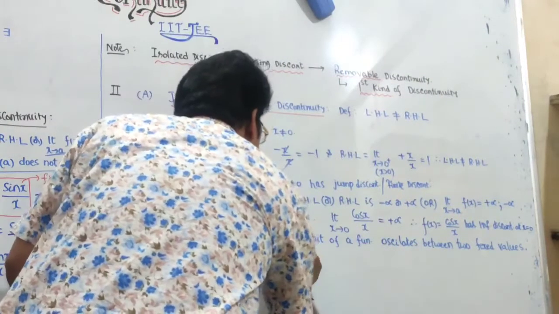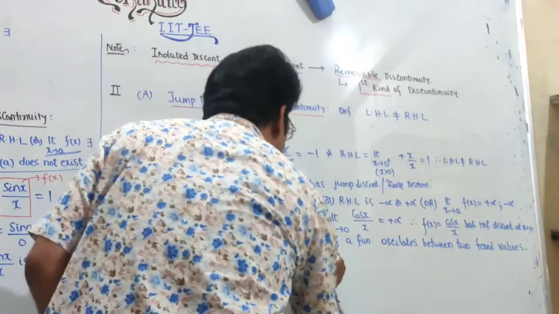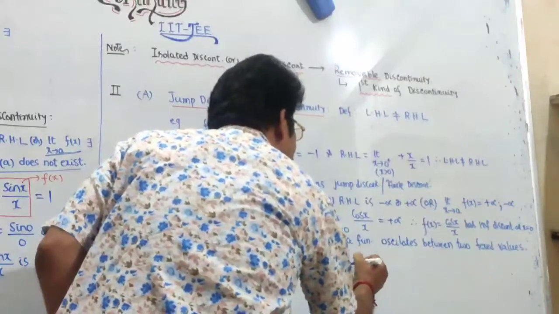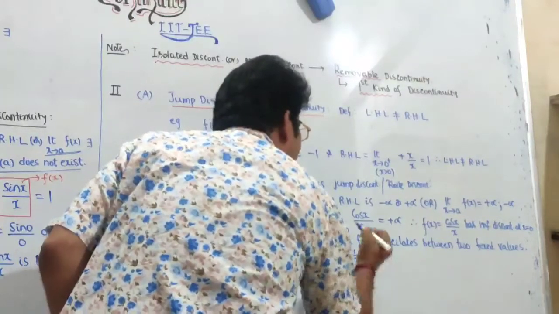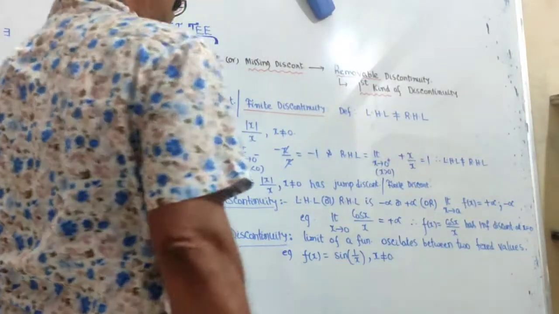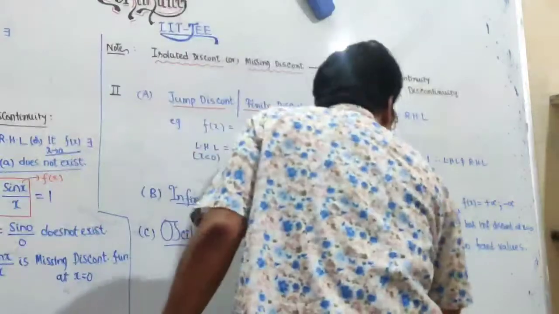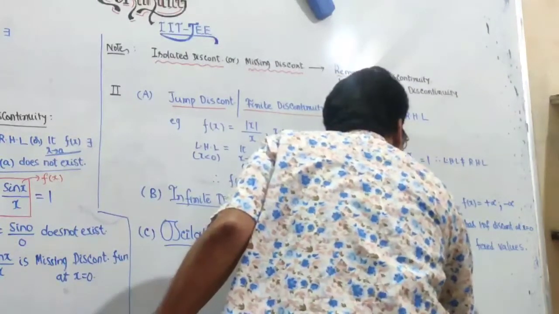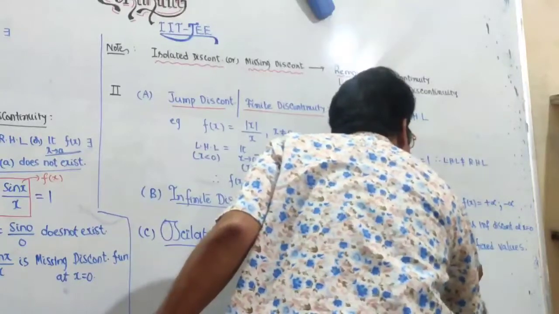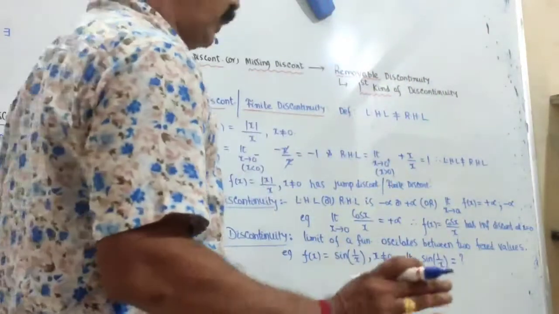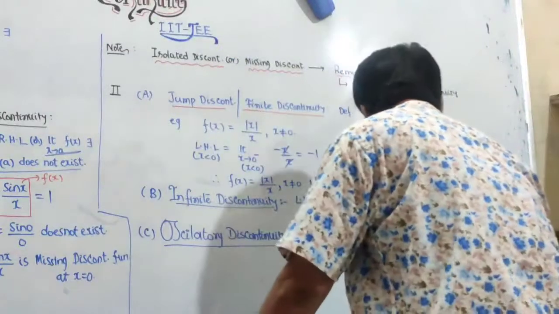Example: f of x equal to sine of 1 by x, where x is not equal to 0. What about the limit as x tends to 0 of sine of 1 by x? This is our question. Let us see the graph.